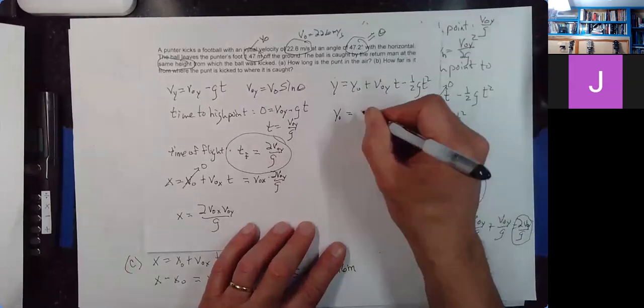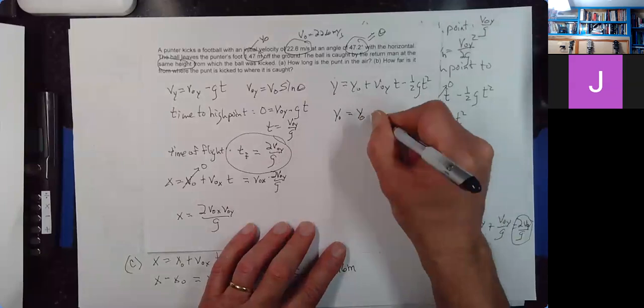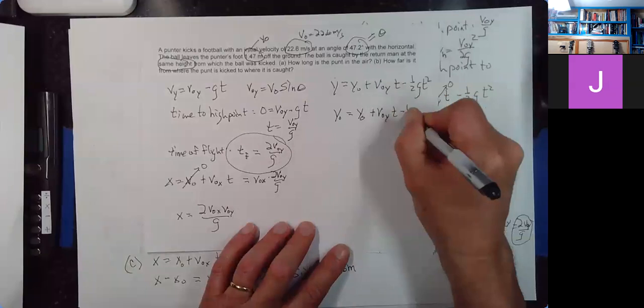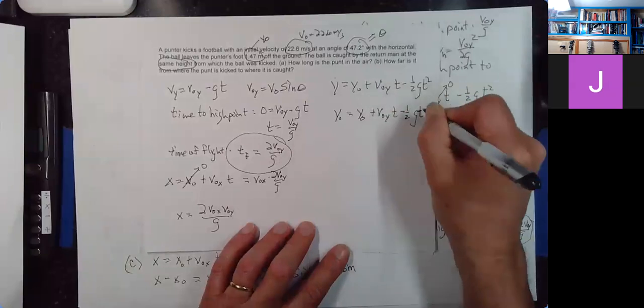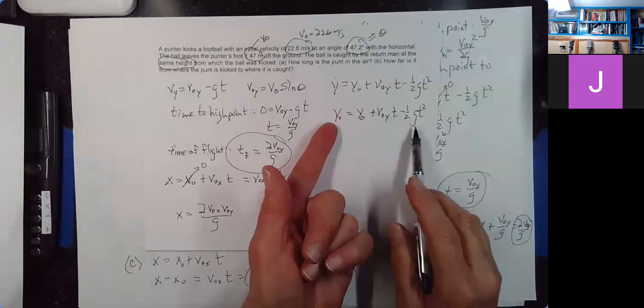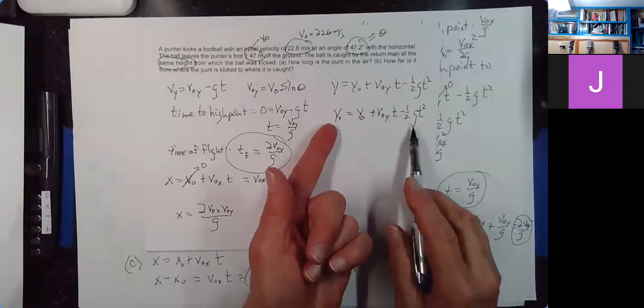So y naught is going to equal y naught plus v naught y t minus 1/2 g t squared. This equation will tell me when the ball is at a height of y naught.